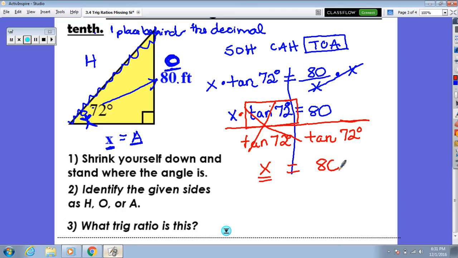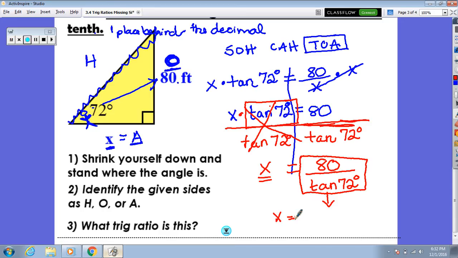So this time we got to put 80 divided by, because that's what we see up here, tangent of 72 degrees. Okay? This side we put in our calculator, and that is going to give me the answer. So put this in your calculator, and then we will have the answer.